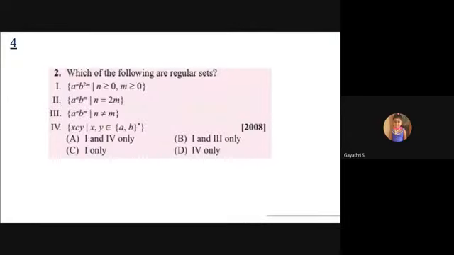Next. Which of the following are regular sets? Regular set means regular language. So far, we have learned regular language, context-free language, recursively enumerable language, and recursive language. So here it is about regular language.